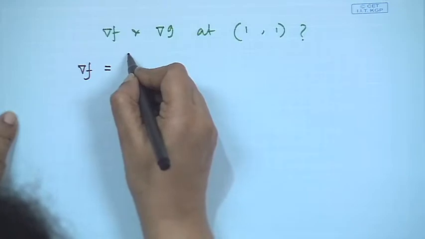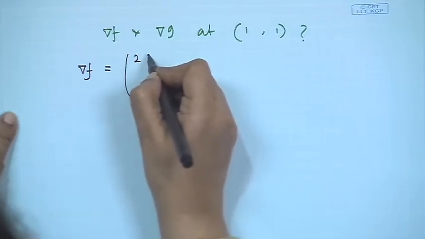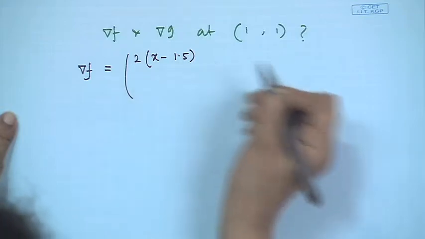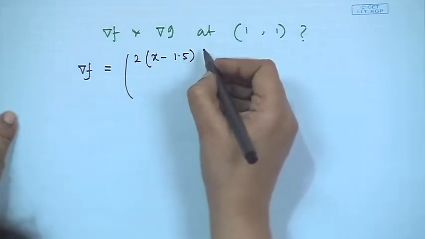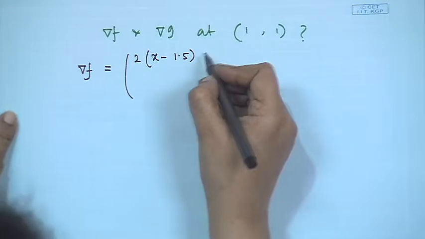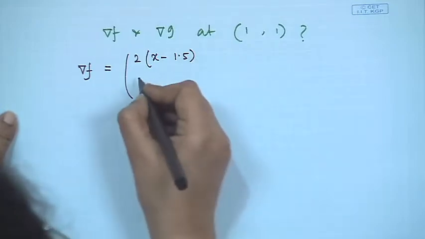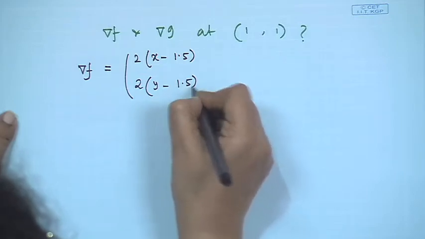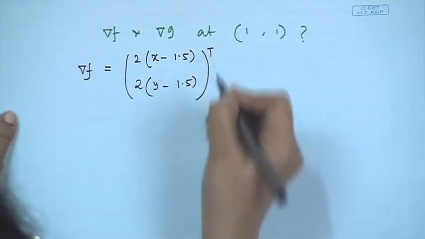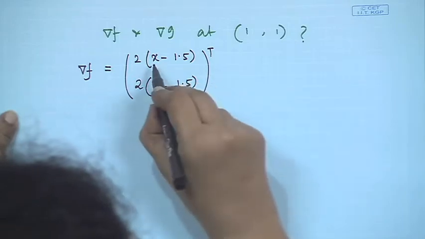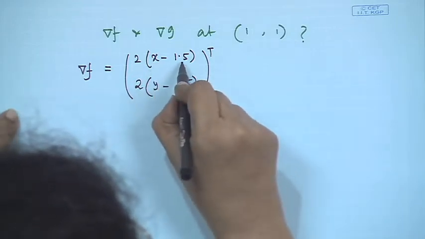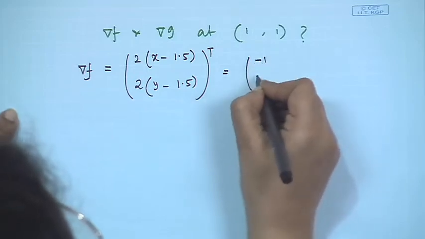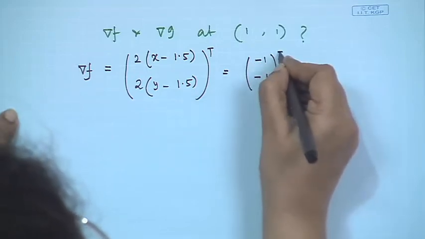Grad f is equal to 2 into x minus 1.5. If we substitute 1 here, this is minus 0.5, 0.5 into 1, that is why we can get that grad f is equal to minus 1, minus 1.